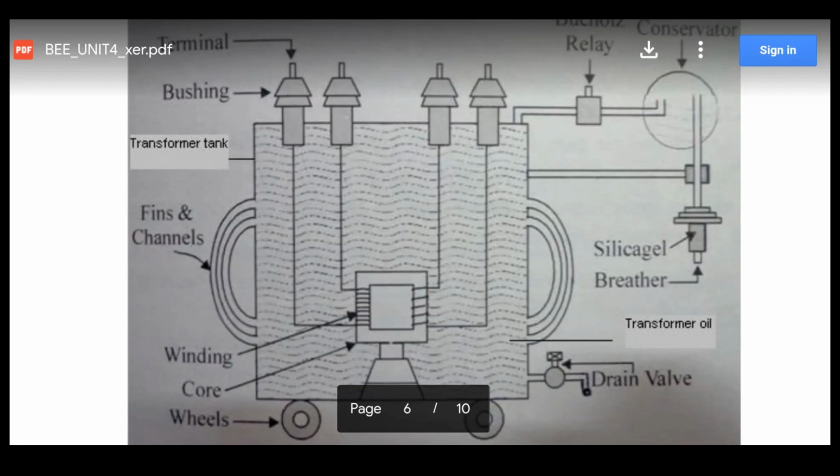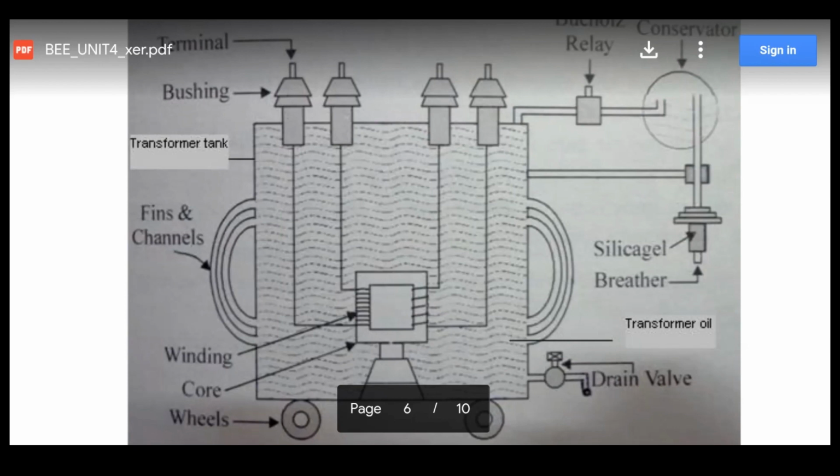The heat is produced due to the passage of current, and the transformer core is placed at the bottom of the transformer tank, so heat is produced there. So the transformer oil which is surrounding the transformer core gets heated. Cooling is done by obeying Newton's law of cooling.